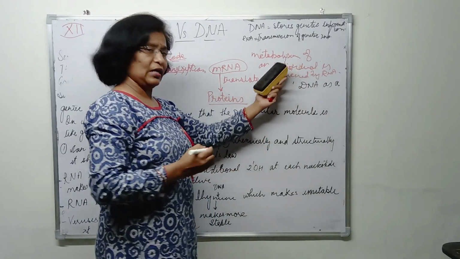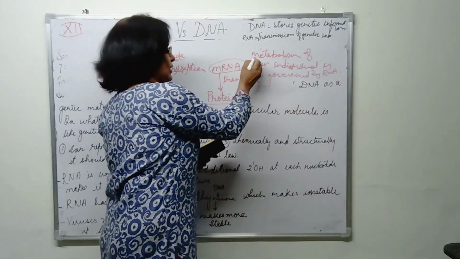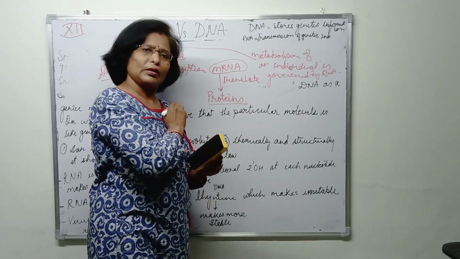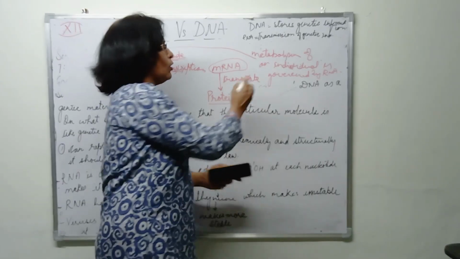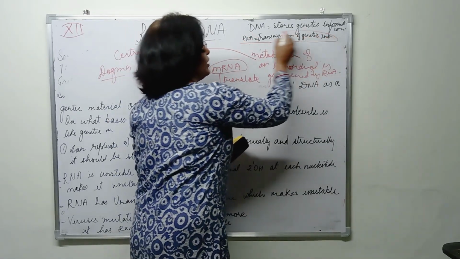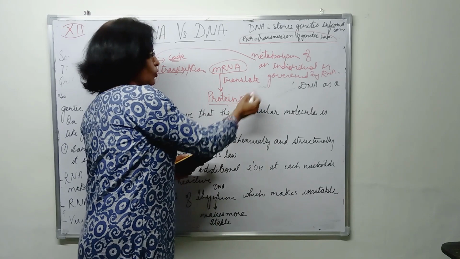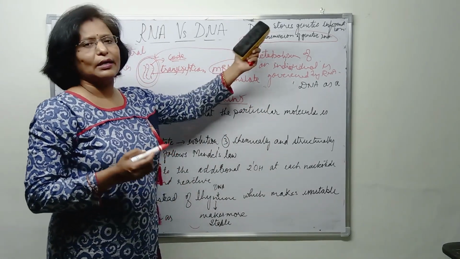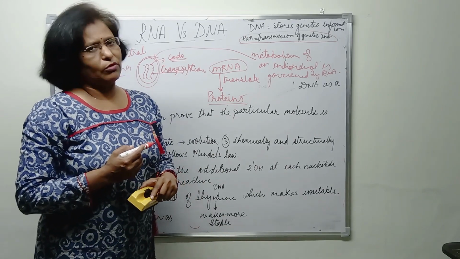From where does it get the information? It gets this information from the DNA. Clear? So all the metabolic activity and the transmission of genetic information, which is translated into protein, is done by RNA, and the DNA stores the genetic information.